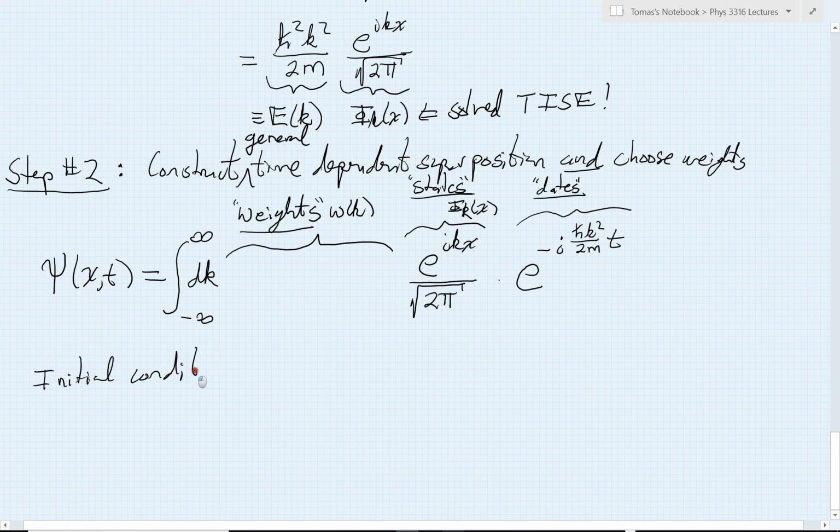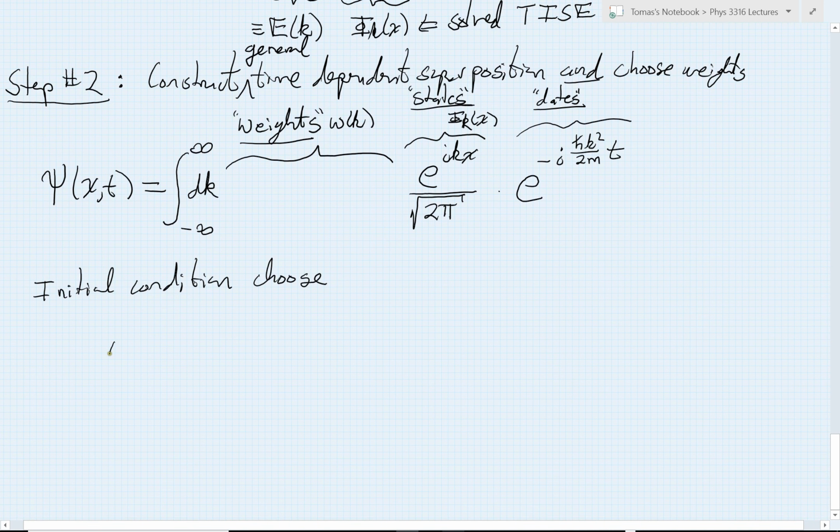I'm going to choose my weights. That's really what's choosing my initial condition. I want to be a little creative. For my weights, why don't we choose something that represents a nice particle that has about a certain amount of momentum.